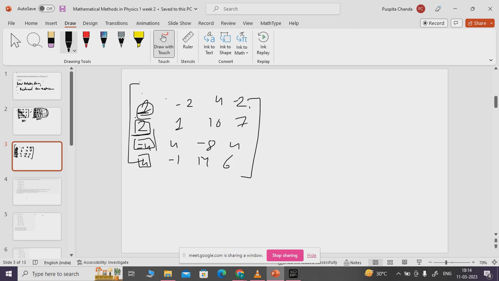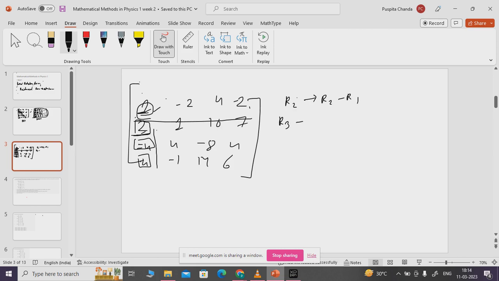First step is to make these entries 0 using row 1. So the first set of commands are like this: R2 should be R2 minus R1, because then 2 minus 2 will be 0.